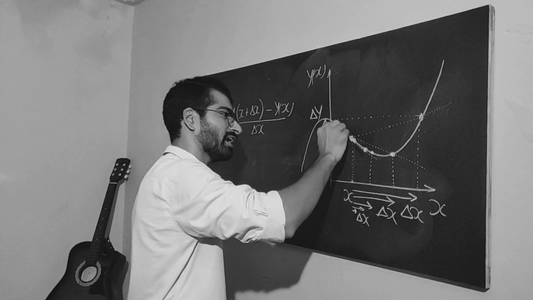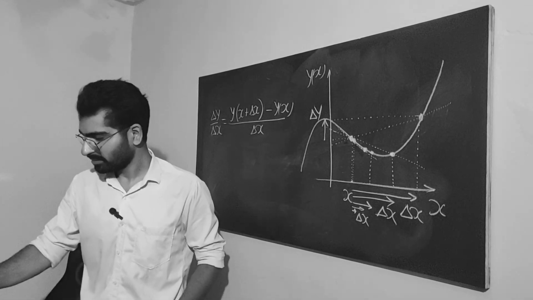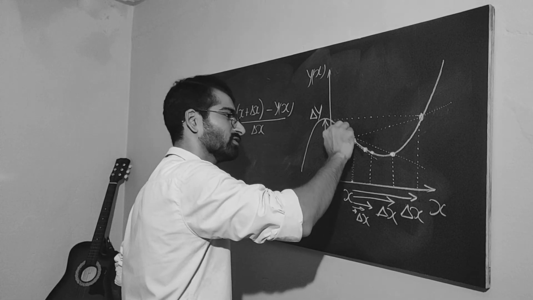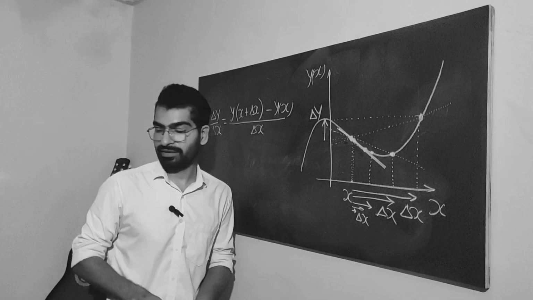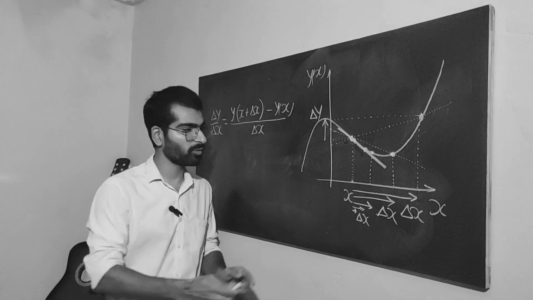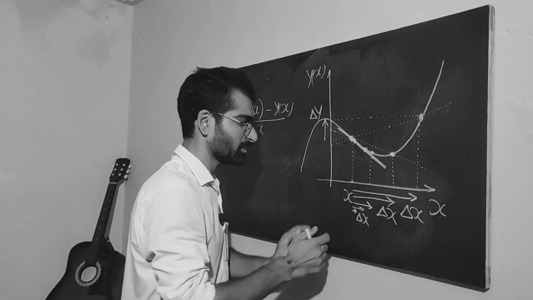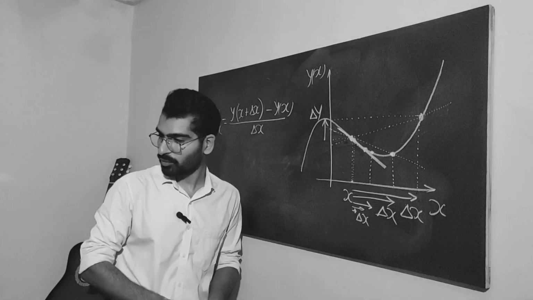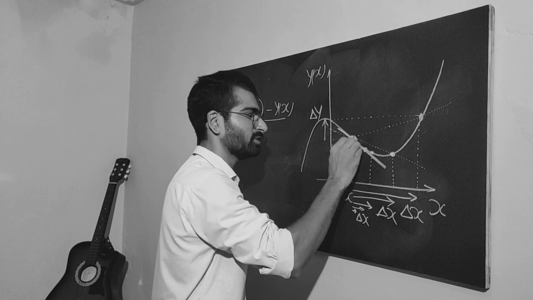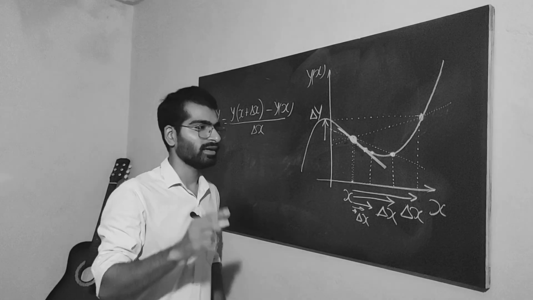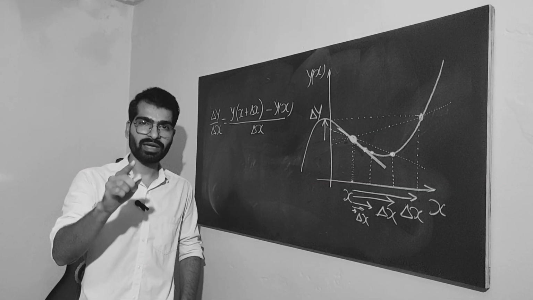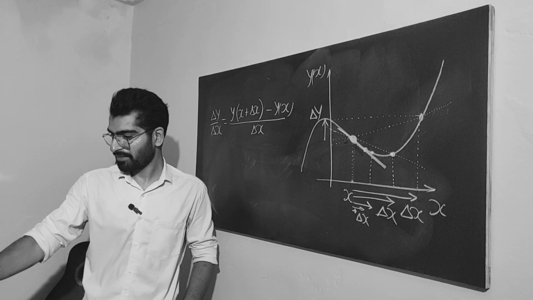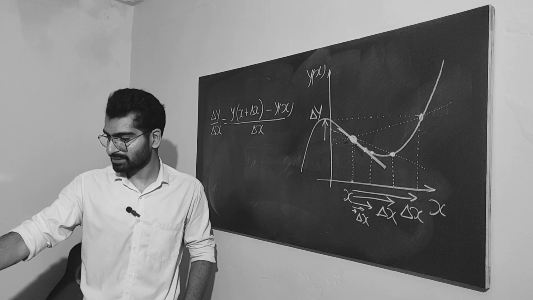And now you connect them. So this is now the new slope. And since this side step is too small, these 2 points are just one. And that's the trick. I have found you a slope at one point. And they call it instantaneous slope.